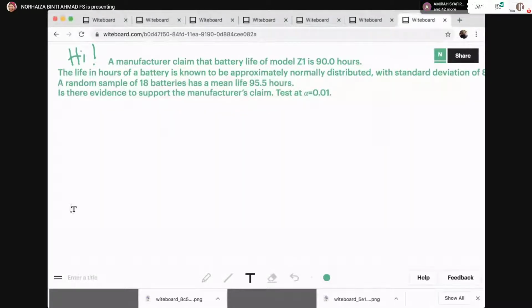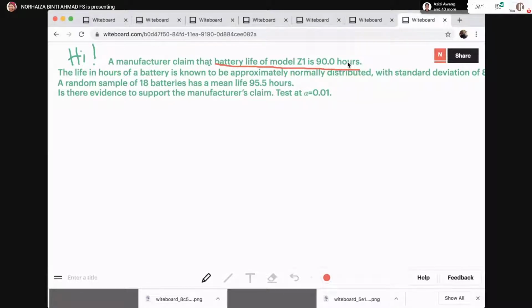From this passage, you can note that there are a few pieces of information that we have here. For example, a manufacturer claimed that the battery life of model Z1 is 90 hours.